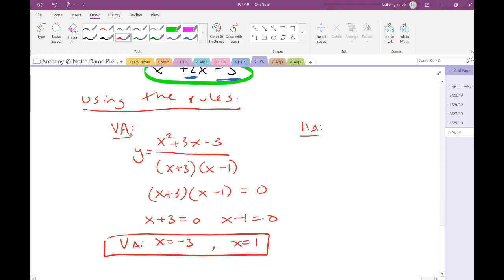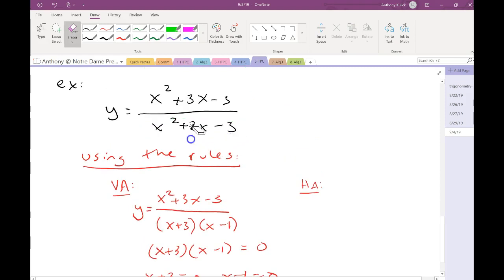For the horizontal asymptote, what do I need to consider? We need to look at the degrees for the numerator and denominator. What is the degree in the numerator? 2. What is the degree in the denominator? 2. So we have the situation where the degree of the numerator equals the degree of the denominator.